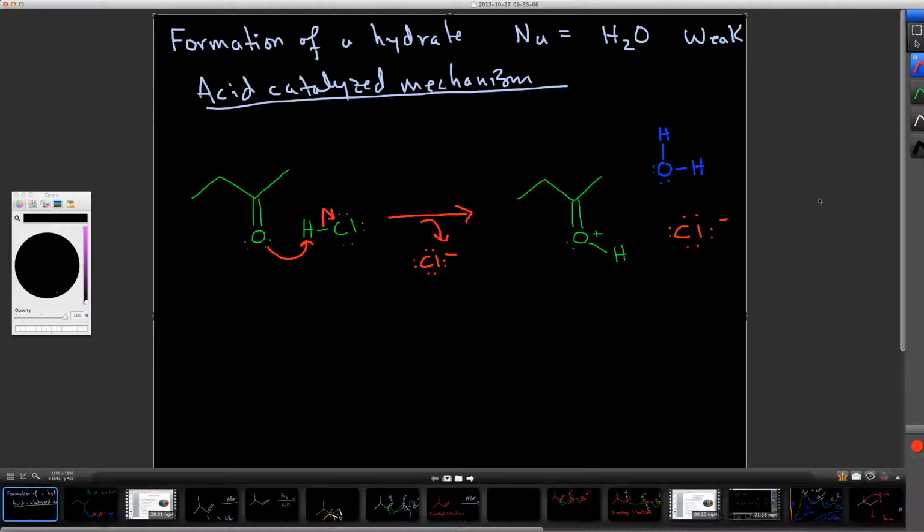The principle is simple. The stronger nucleophile will attack this highly reactive carbon electrophile. And if you recall from previous reactions, water is the better nucleophile as compared to chloride, even though it's neutral and chloride is negatively charged. Water attacks.